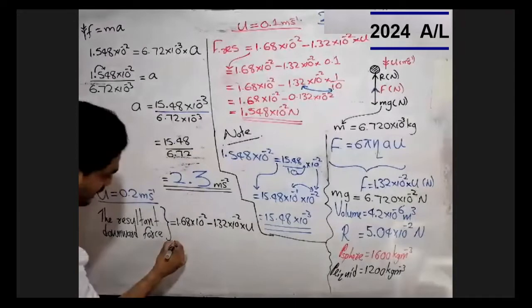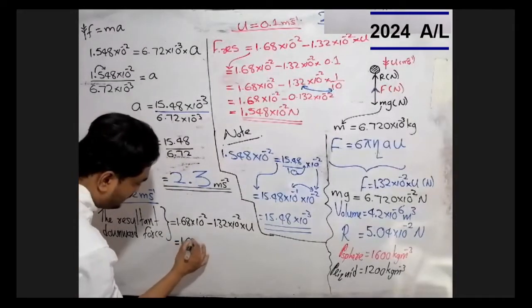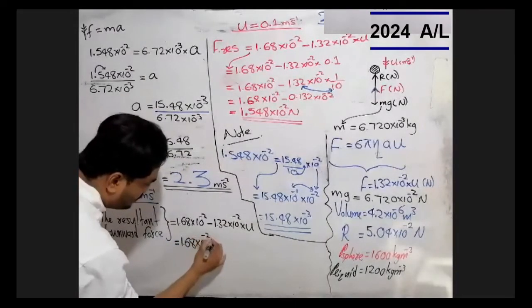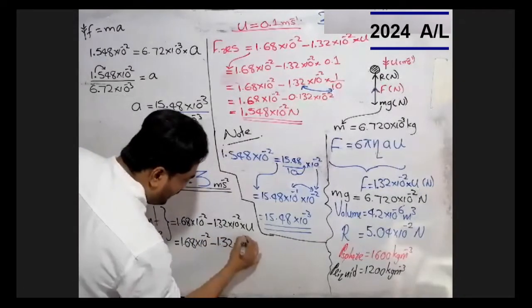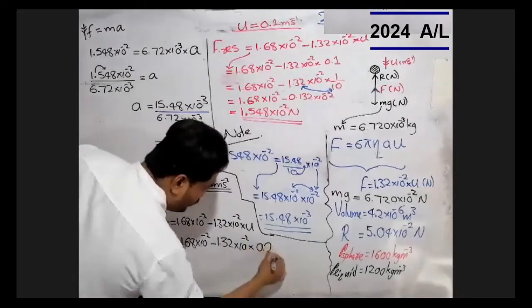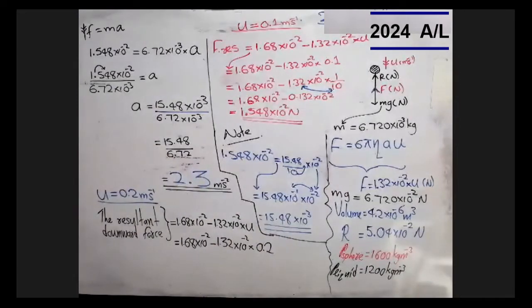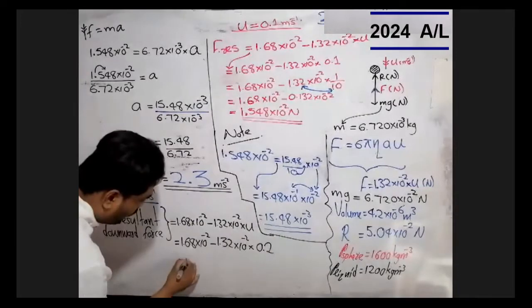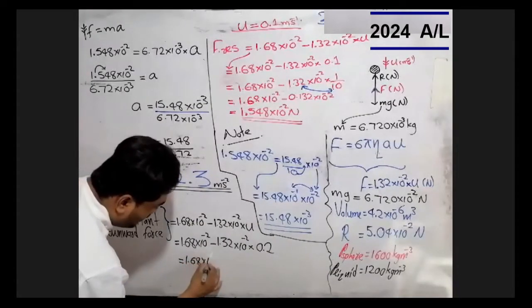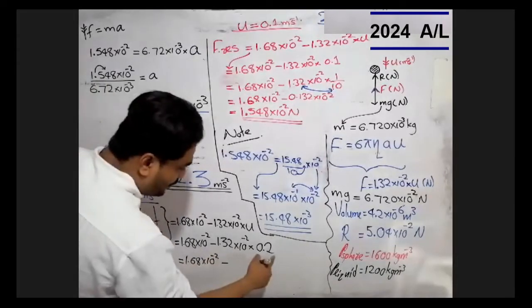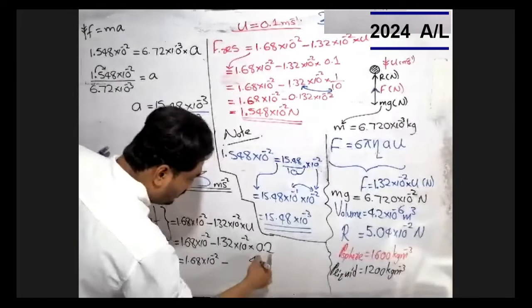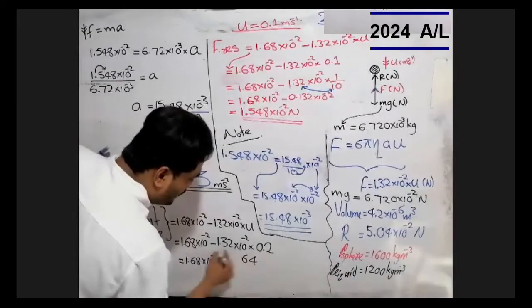So then let me simplify this. 1.68 into 10 to the power minus 2 minus 1.32 into 10 to the power minus 2, u is 0.2. So simple. 1.68 into 10 to the power minus 2 minus, let's multiply 1.32 by 0.2. 2 times 2 is 4. 2 times 3 is 6. 2 times 1 is 2.